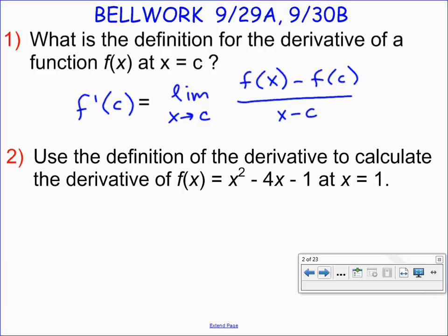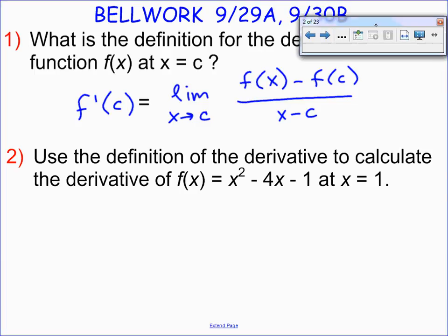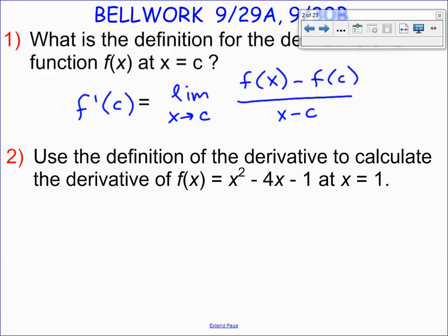Let's go ahead and get the derivative value of my function f at a particular x value, in this case at x equals 1. So we'll start with our definition of the derivative, except this time we have our c value. Everywhere we see a c, we're going to use the particular x value of concern, x equals 1. So instead of f prime of c, we have f prime of 1.